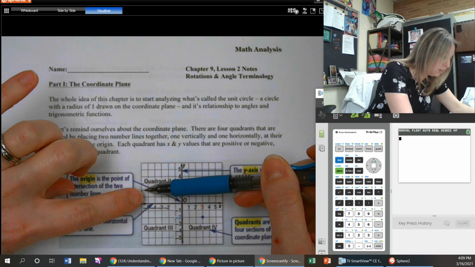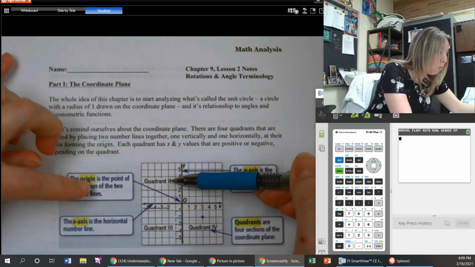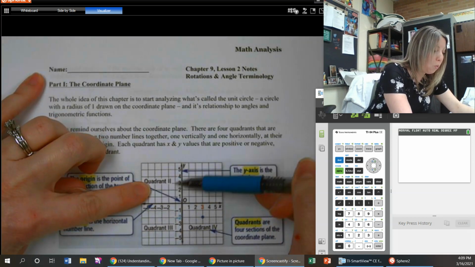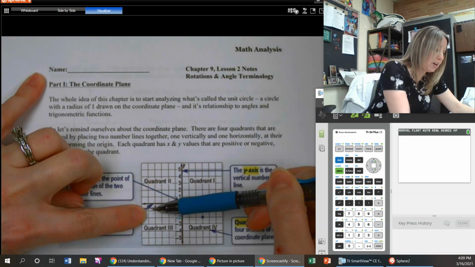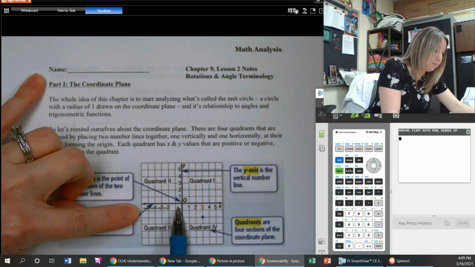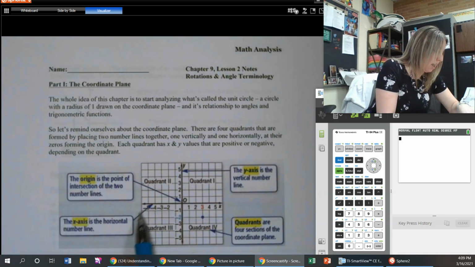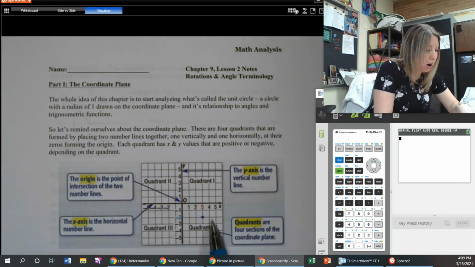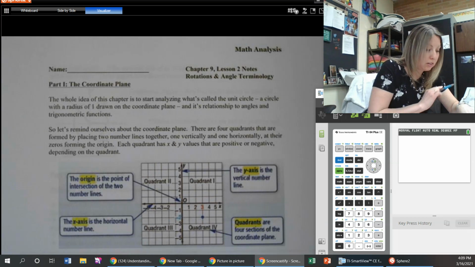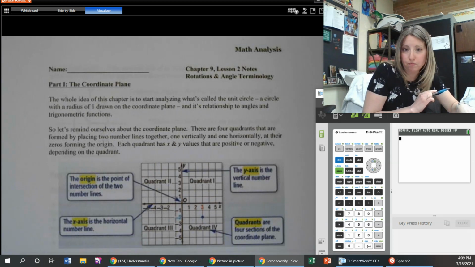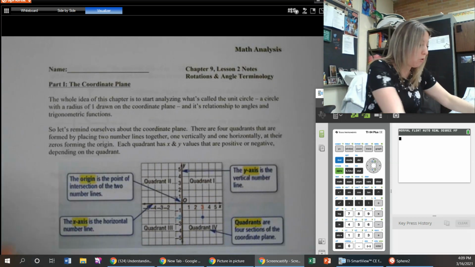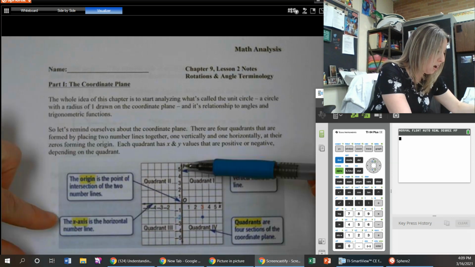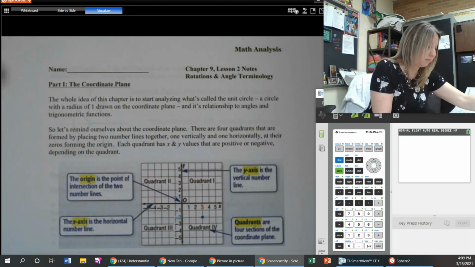We go to the left for quadrant 2, where the y's are still positive, but now your x values are negative. Down in quadrant 3, everyone is negative. And then back to quadrant 4, where y's stay negative, but x's go back to being positive. Okay, so the four sections, of course, (0, 0) is your origin, y-axis, x-axis.